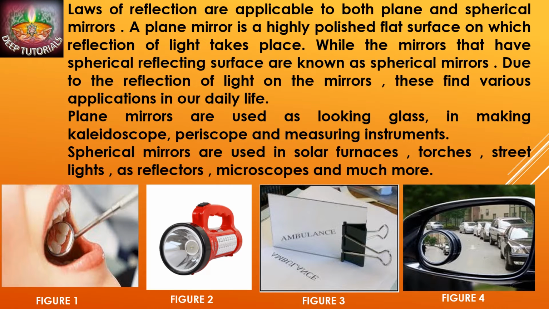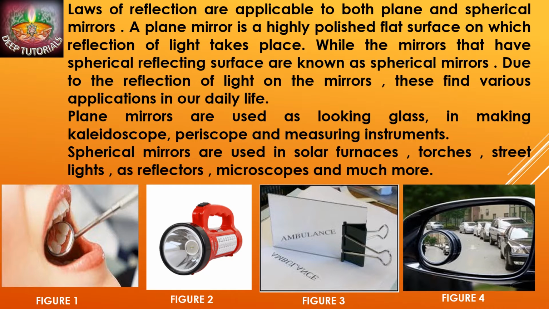Let's see what this paragraph is all about. It says that laws of reflection are applicable to both plane and spherical mirrors. A plane mirror is a highly polished flat surface on which reflection of light takes place, while the mirrors that have spherical reflecting surface are known as spherical mirrors.